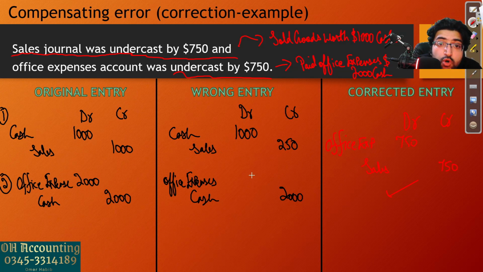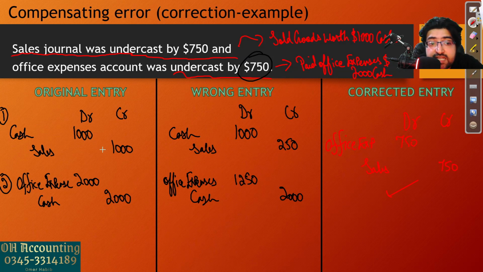By mistake, you have recorded 750 less, which means you have recorded this account as 1250. Why? Because 2,000 minus 750 gives me 1250. So I have undercasted office expense account by 750, which means I recorded office expenses as 1250 only. So how will I fix these two errors?